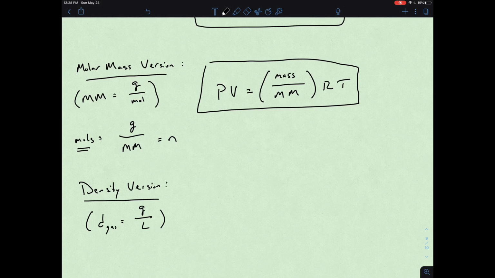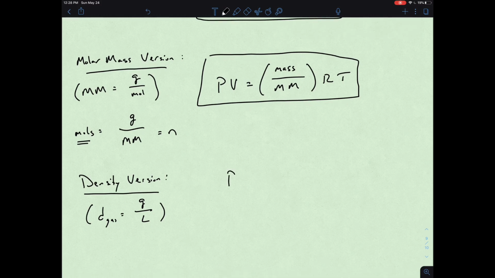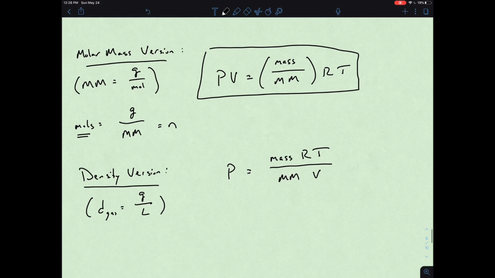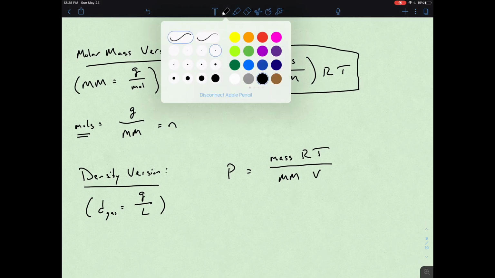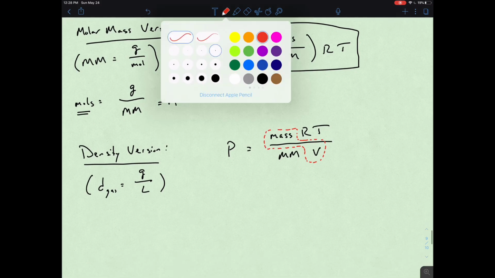And if I take this expression above and manipulate it a little bit by dividing over my volume, I would get something that looks like this, with my volume in the denominator, and within that I see this idea of mass over volume, or grams over liters.